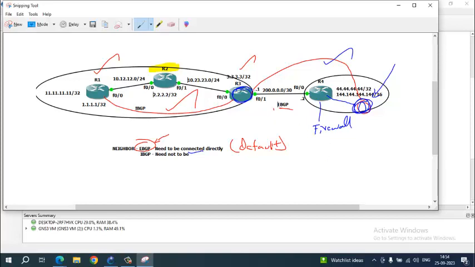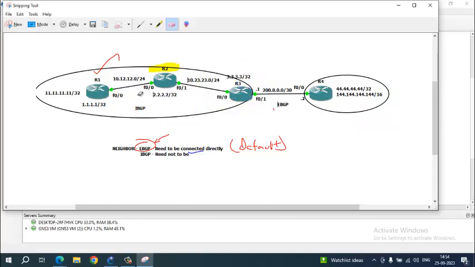And they want to form peering between R3 and, let's say, R5. This is R5, which will not be possible unless you do some additional tunings. For eBGP, the neighbors need to be directly connected. So let us see this thing first. IBGP need not be directly connected.